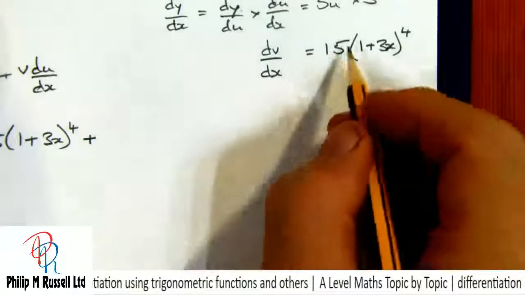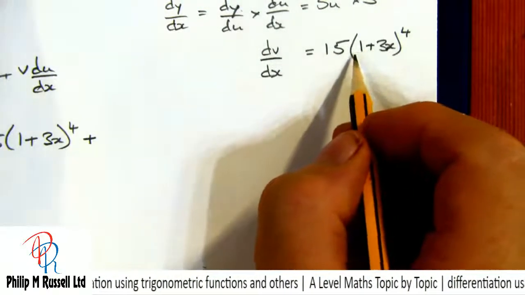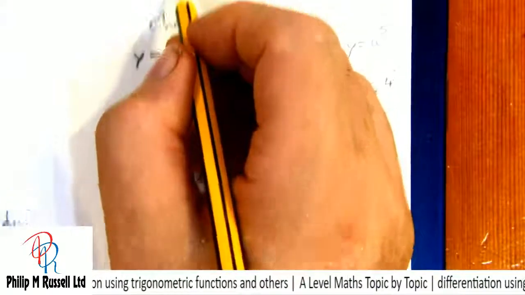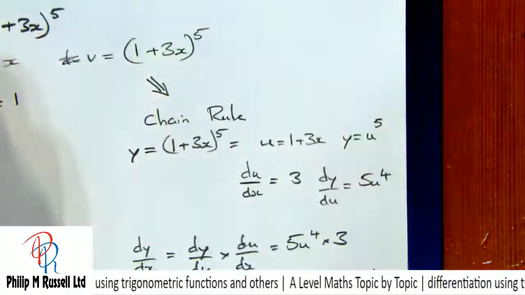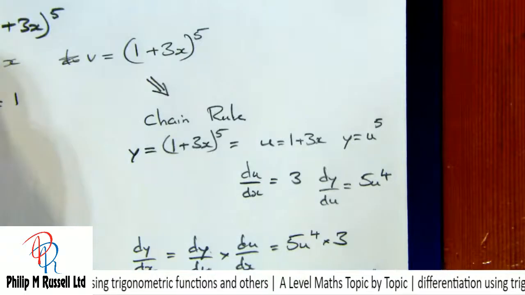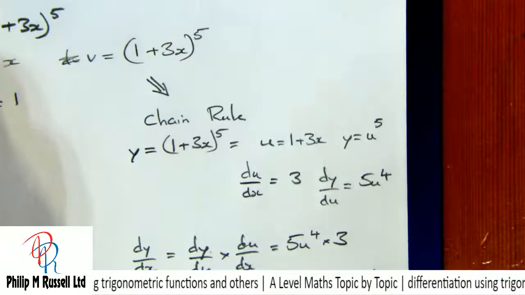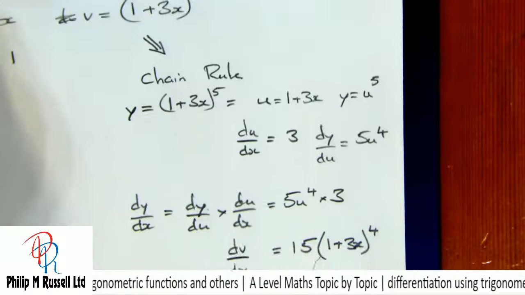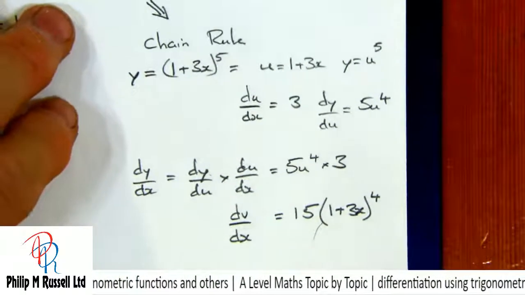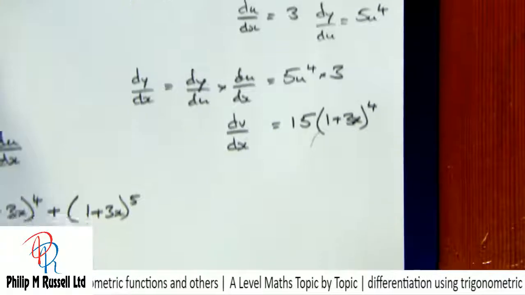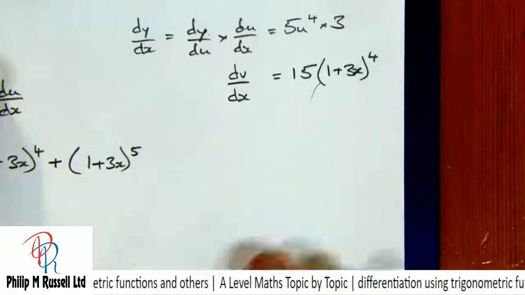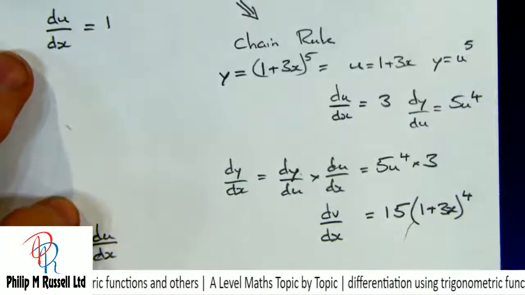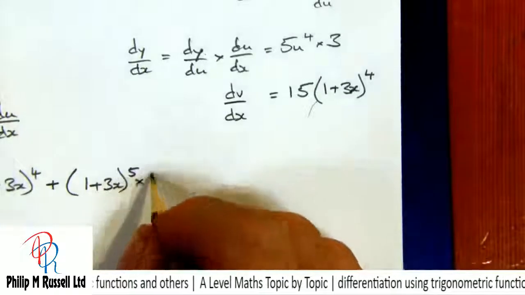Plus v, which was right up here, which is 1 plus 3x to the 5, and I'm going to multiply that by du by dx, and I worked out du by dx was 1, times 1.